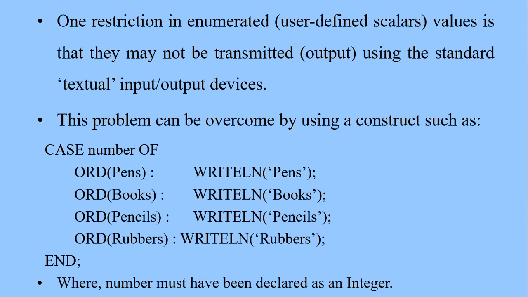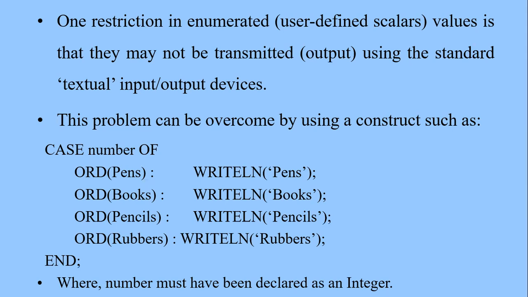So case number in this case is a name of a memory location that owns integers, or in other words, values returned by the odd function, like 0. 0 is assigned in the memory location called number. 1 is assigned in the memory location called number.